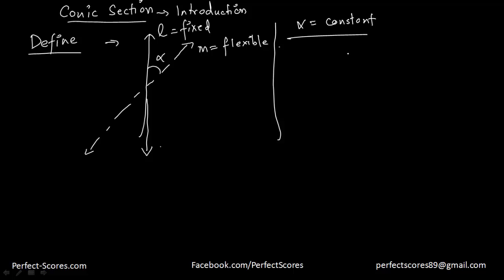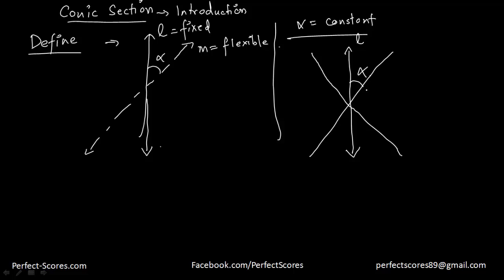Then this is the result I'm going to get. This is line L, and there are going to be two lines M: the first has the angle alpha here, and the second is again going to have alpha here.